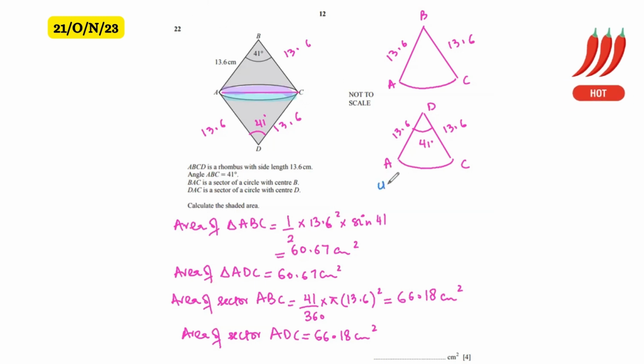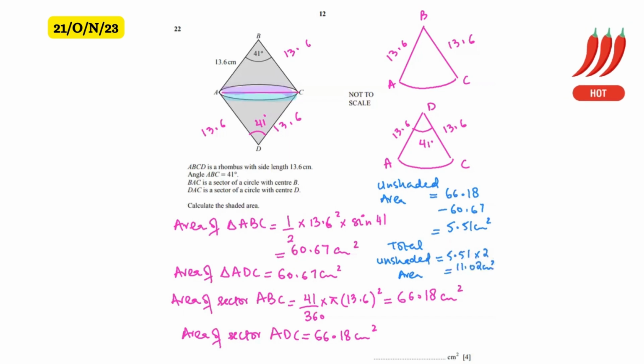So first we do unshaded area, that is 66.18 minus 60.67. That is going to give us 5.51. Now total unshaded area would be 5.51 times 2, which is 11.02 centimeters square.